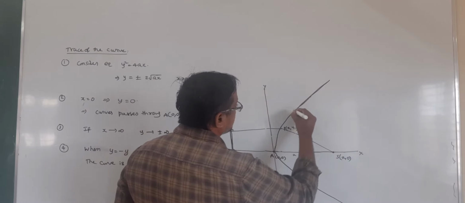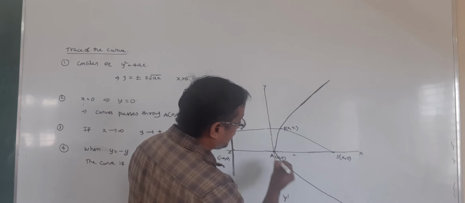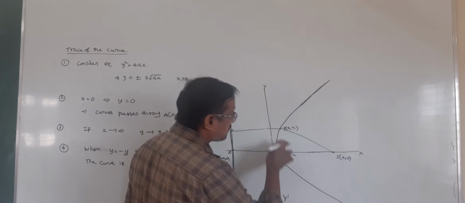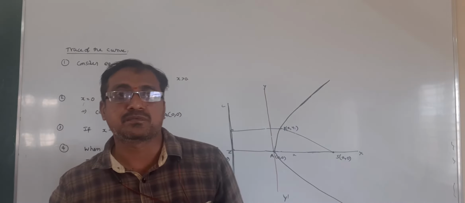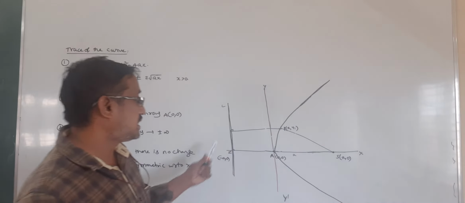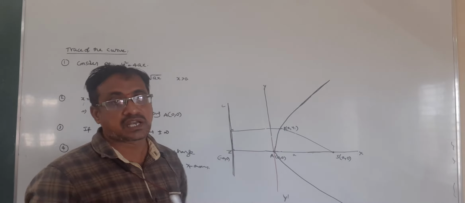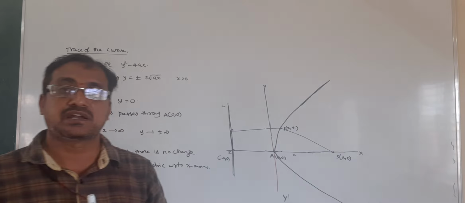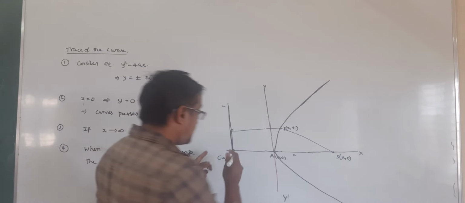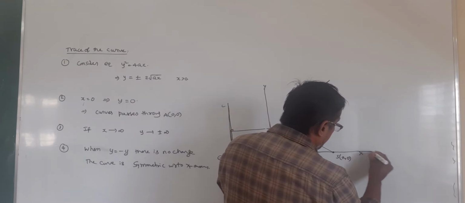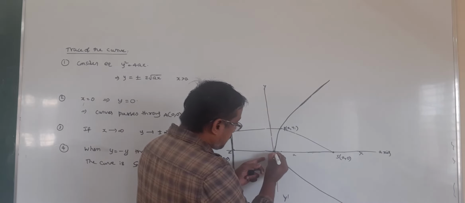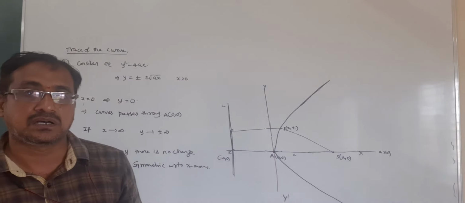So the shape of the parabola will be like this. Now this conic section or this curve is called a parabola. So we have completed this curve in the standard form of parabola. This horizontal line is called the axis of the parabola. This point is called the vertex of the parabola.